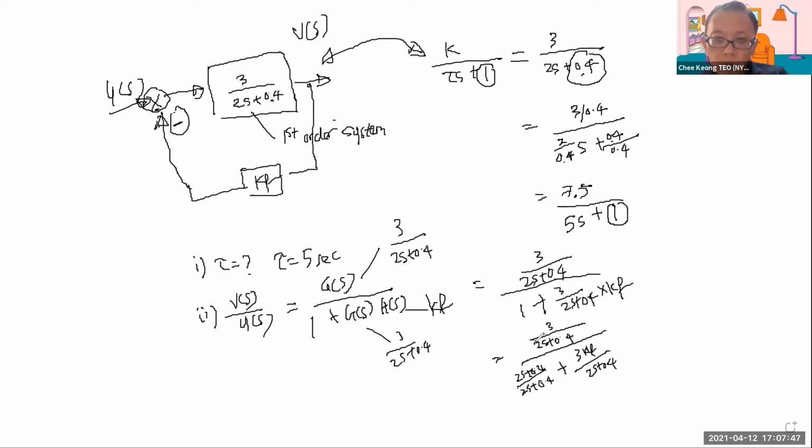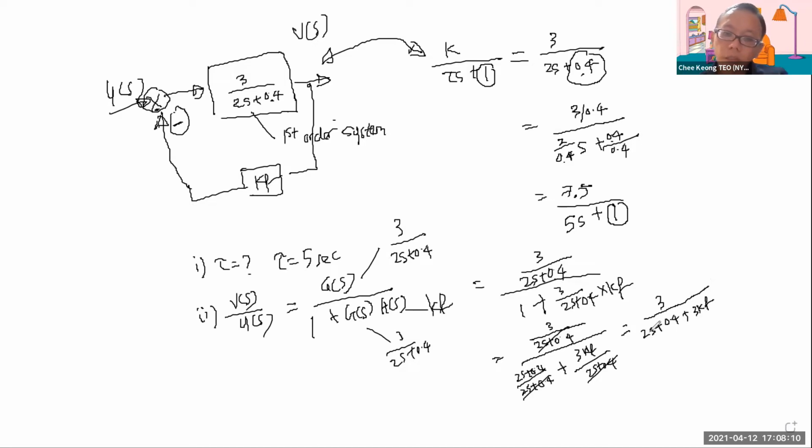Now, since all the denominators are the same, we can essentially cancel them and write down the numerators. So essentially what we have here is 3 over 2s plus 0.4 plus 3 kf.